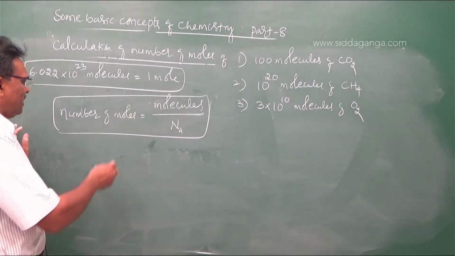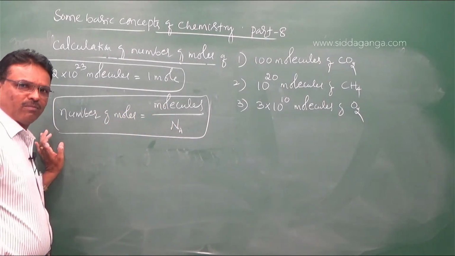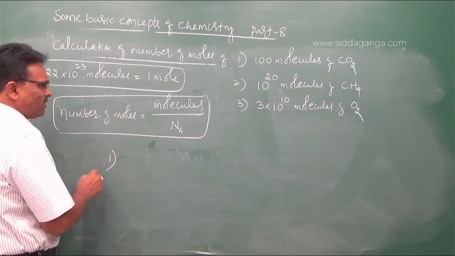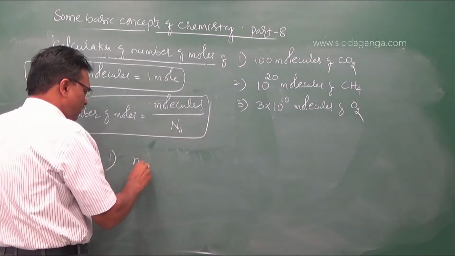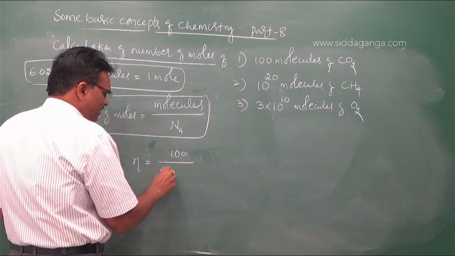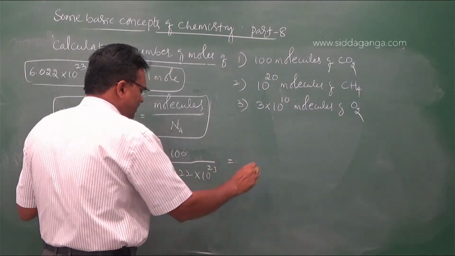Number of moles is equal to molecules divided by Avogadro number. So first one, number of moles is equal to molecules given, 100, divided by 6.022 into 10 to the power of 23.